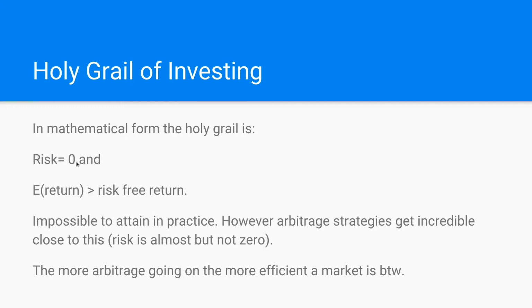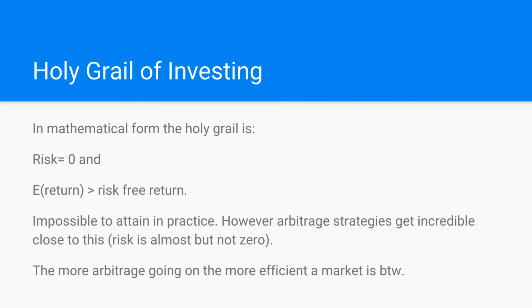However, the guys that are engaged in arbitrage are almost getting risk-free, not quite, but very low risk, and those guys are really important to a market. The more people engage in arbitrage, the more efficient the market becomes. So for instance, U.S. equity markets are highly efficient because of the tremendous amount of arbitrage that is going on. Everyone is taking advantage of arbitrage in all sorts of areas.